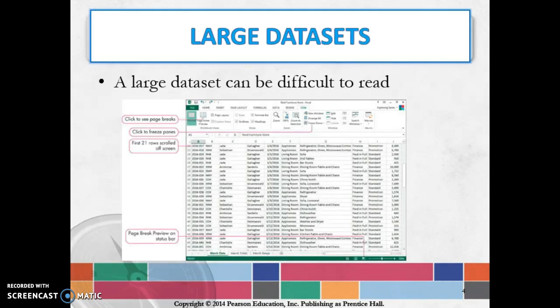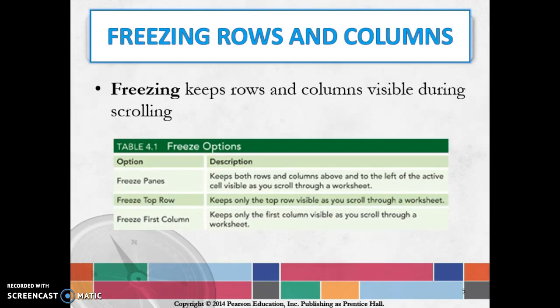When we're looking at a large group of data, it can be very difficult to read and to follow along. So what they're going to walk you through first is a way to make that a little bit easier, and one of the ways that we can do that is by freezing rows and columns. This allows us to keep headers and labels so that as we're scrolling up and down or left and right, we can still see what we're looking at.